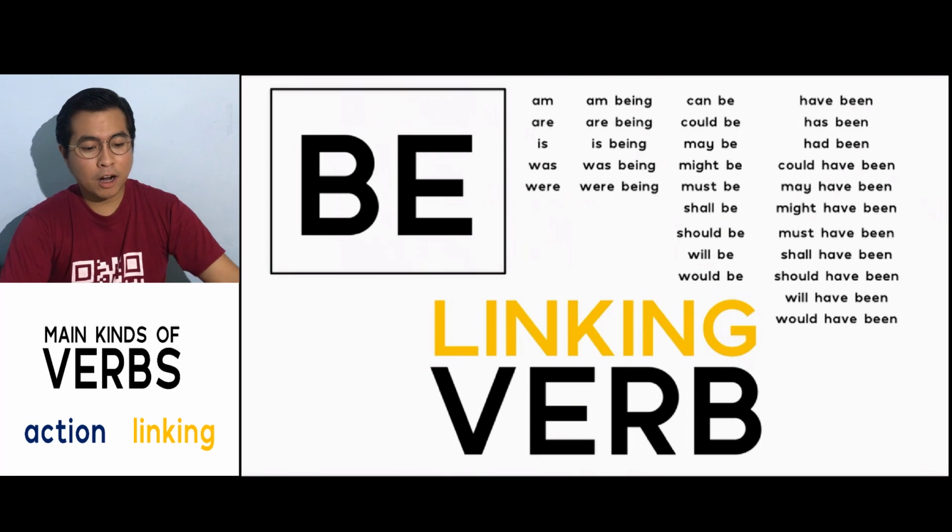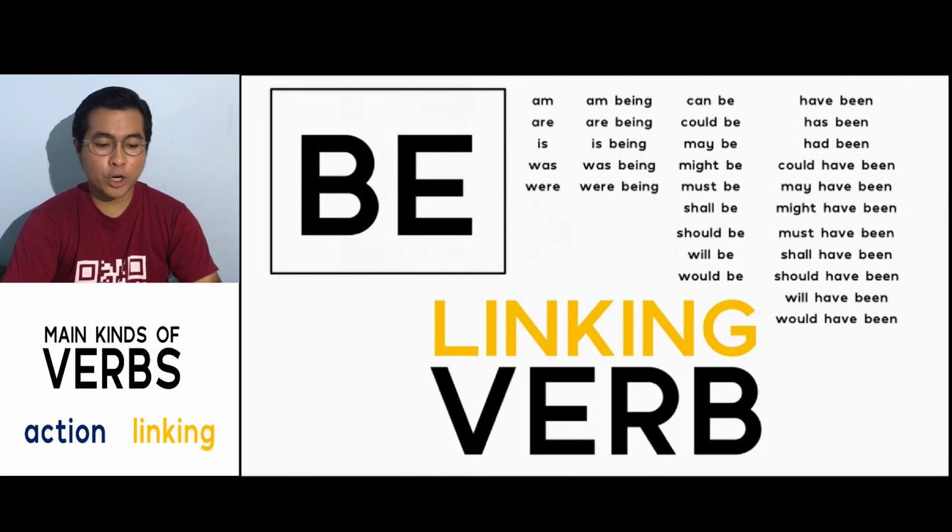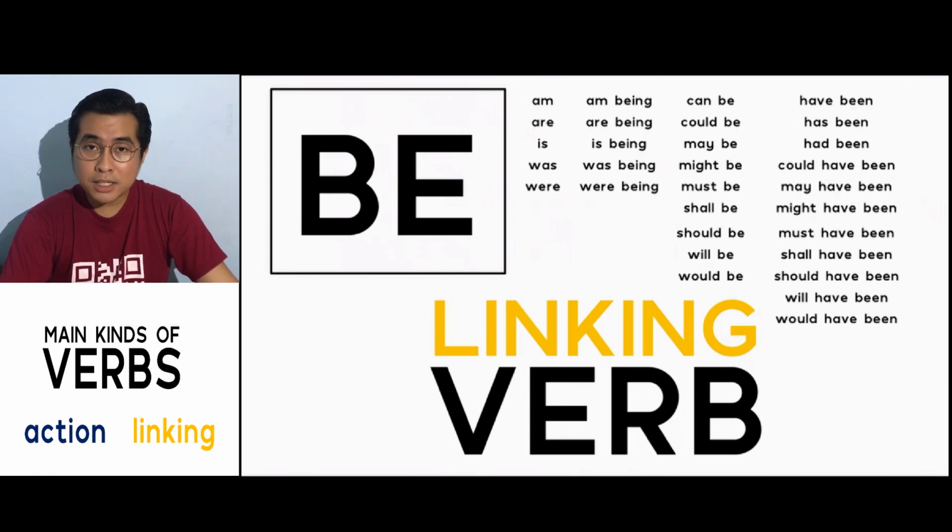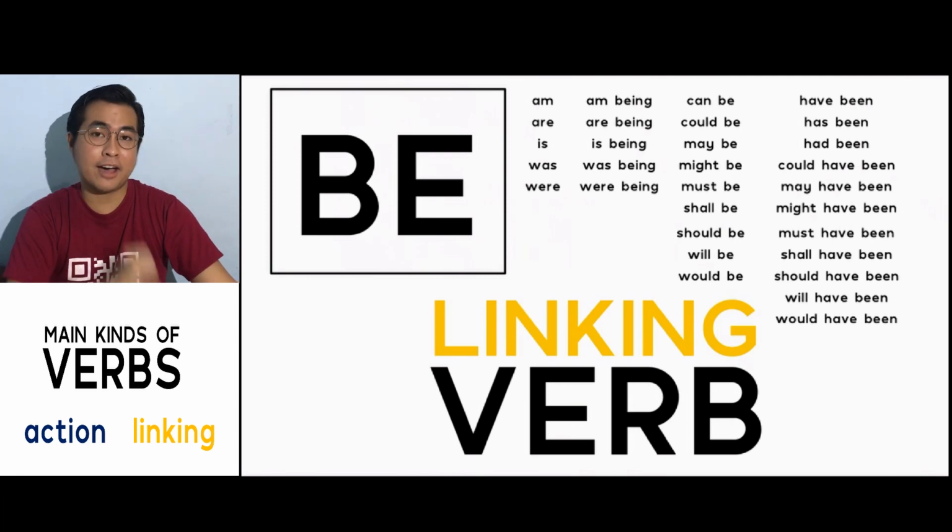You have am, are, is, was, were, am being, are being, is being, was being, were being, can be, could be, may be, might be, must be, shall be, should be, will be, would be, have been, has been, had been, could have been, may have been, might have been, must have been, shall have been, should have been, will have been, and would have been.